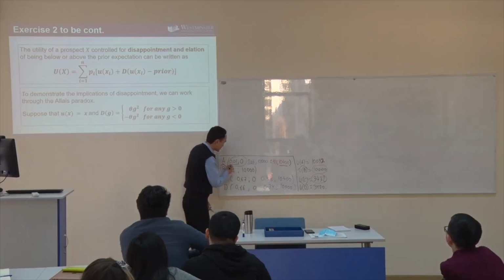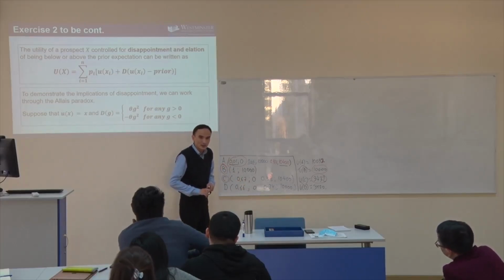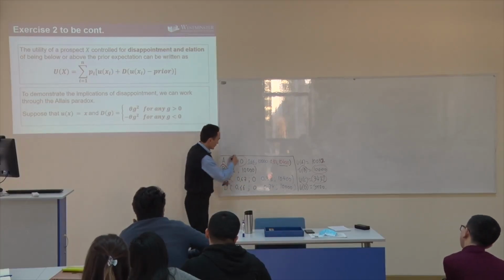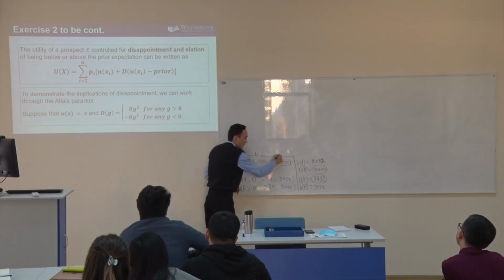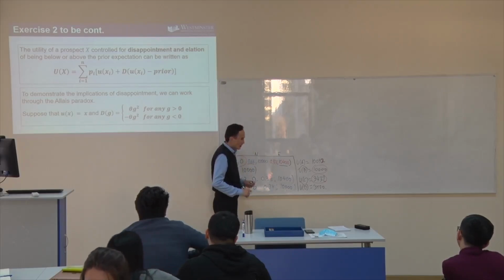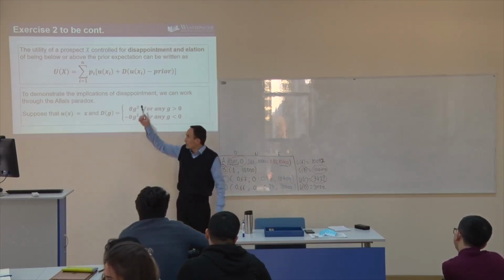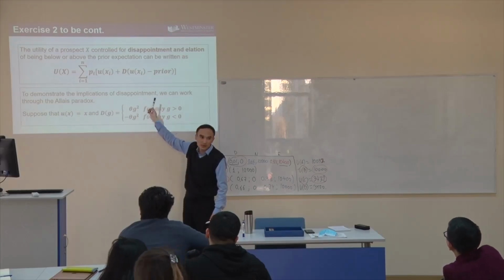If I end up with this one, I will be unhappy, right? Disappointment. So here, this is disappointment. This one is the normal case. This one is elation, happiness. All right? So now we are going to the expected utility function which is controlled for disappointment, which I showed you.